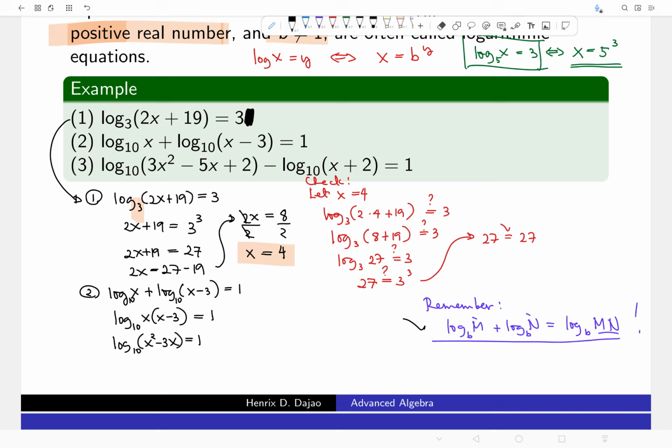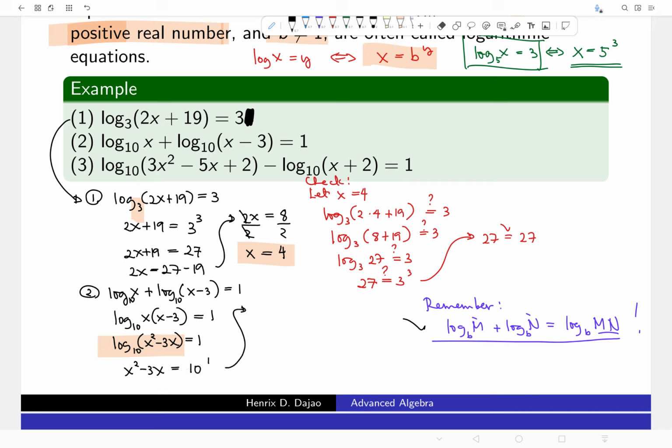So we will now apply the equivalence since we already expressed it as a single logarithm. This becomes x squared minus 3x is equal to 10 raised to 1. Then just continue.